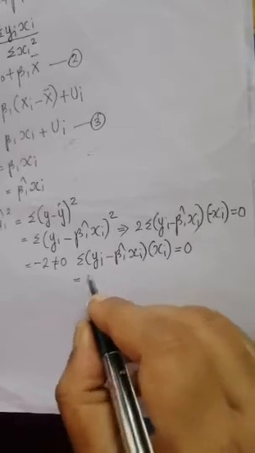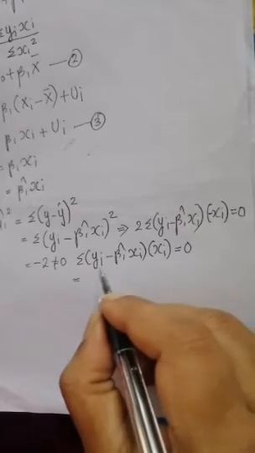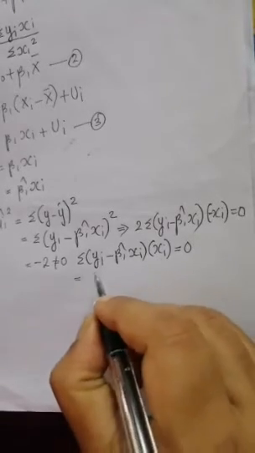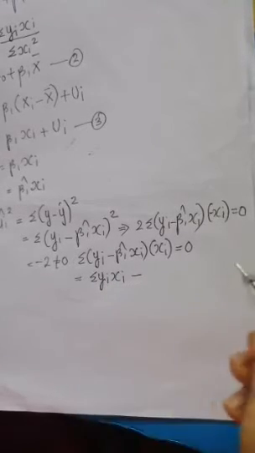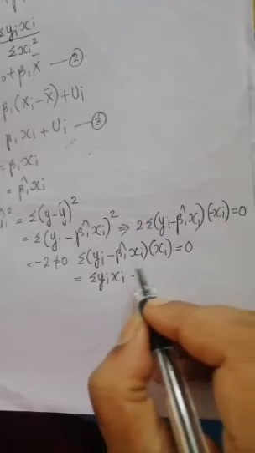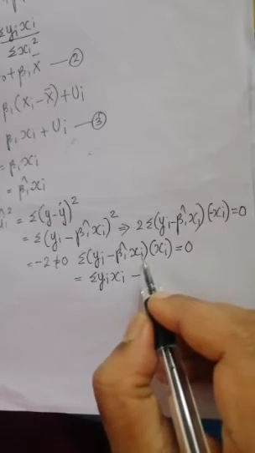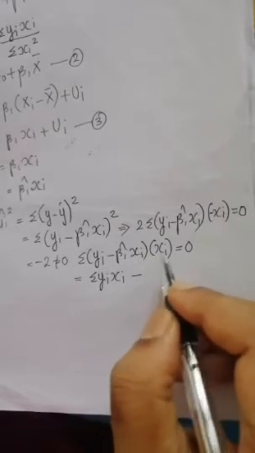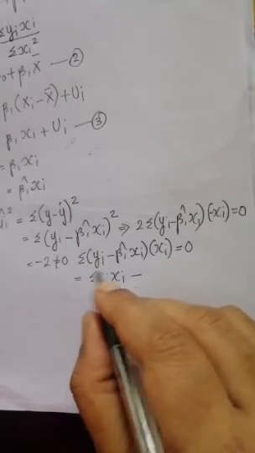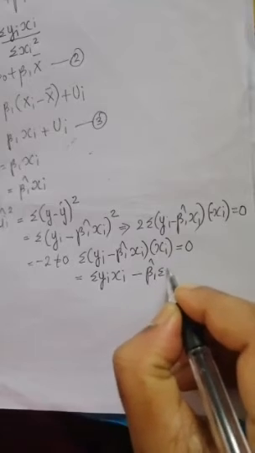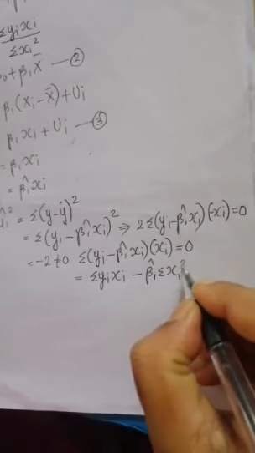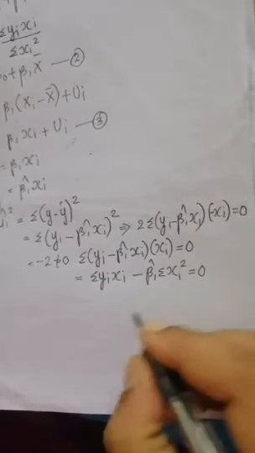By doing the multiplication and applying sigma, first we multiply yi into xi, giving sigma yi xi, minus the second term, beta 1 hat into xi square, and applying sigma to the variable part gives beta 1 hat sigma xi square, equal to 0.